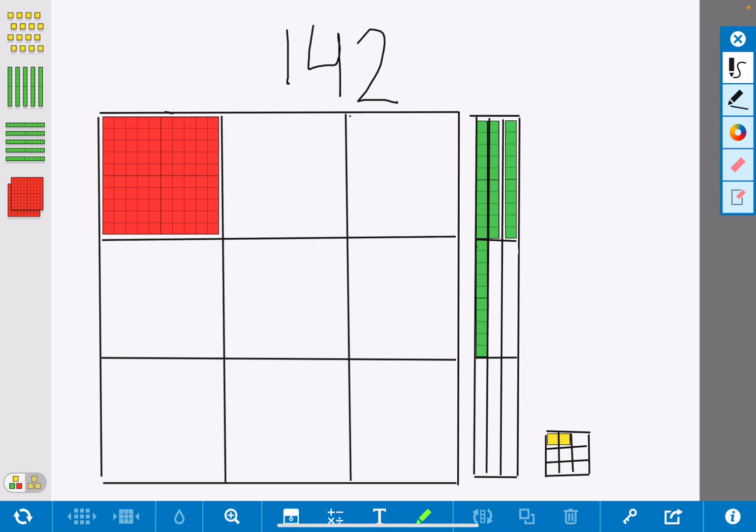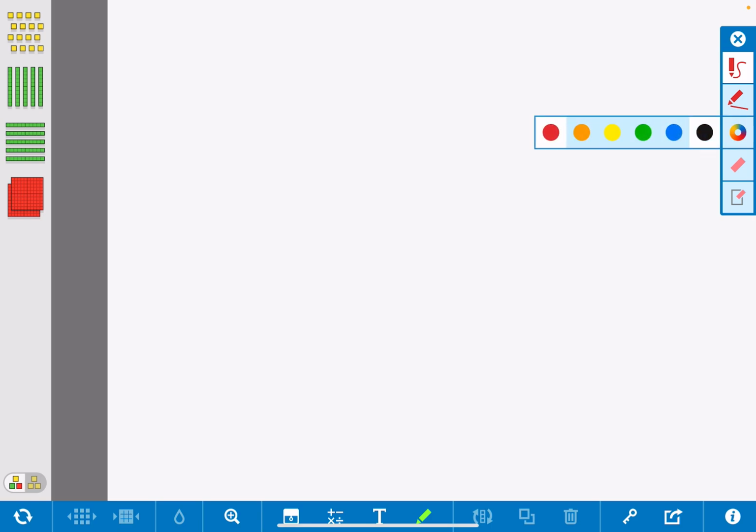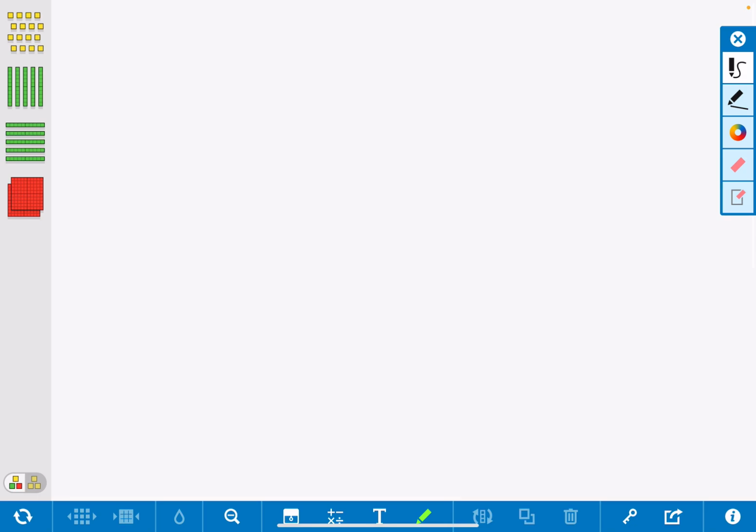So let's do a little bit of practice like that. I'm just going to clear this real quick. Start all over. Okay, so the question would be, what if I had 13 tens? And you're supposed to just figure out how many that is, right? 13 tens. Okay, the first way I'm going to show you is I'm going to demonstrate with a model.